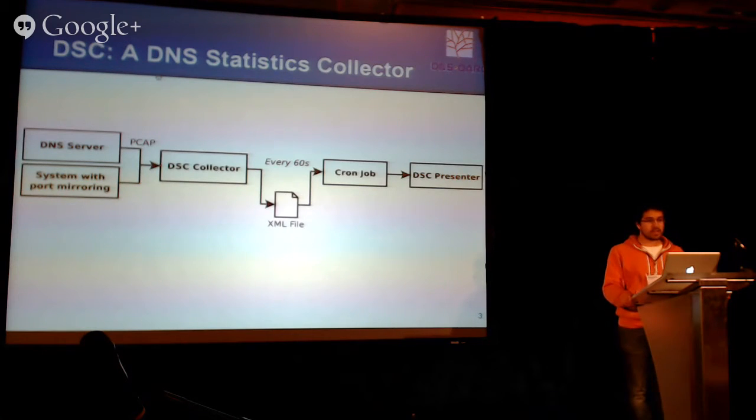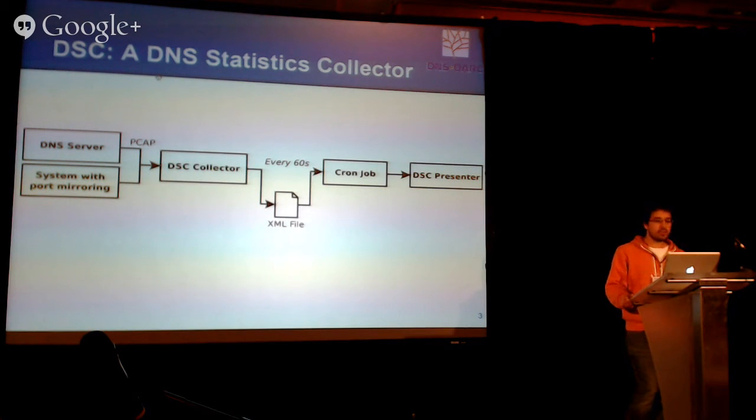This is a simplified view of the DSC system architecture. First we capture the packets with the DSC collector, and then we save them every 60 seconds into an XML file.